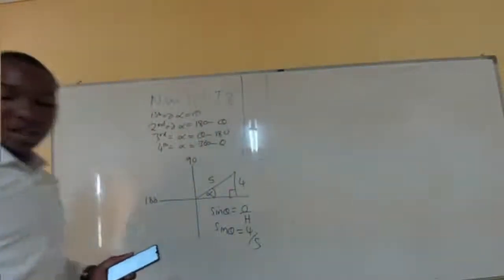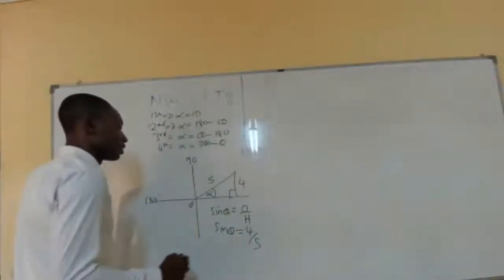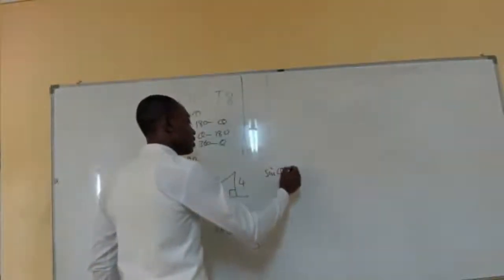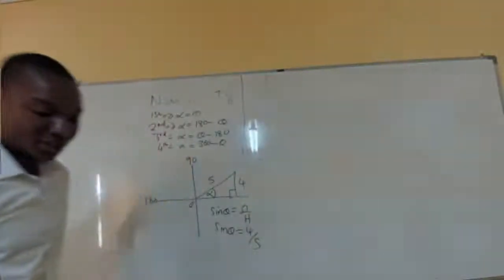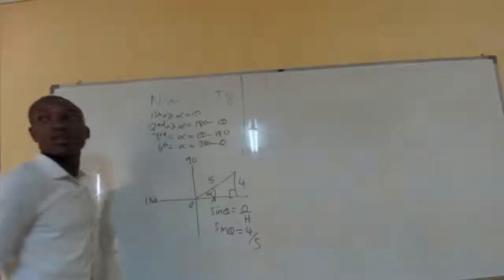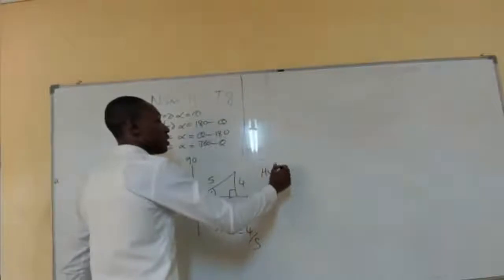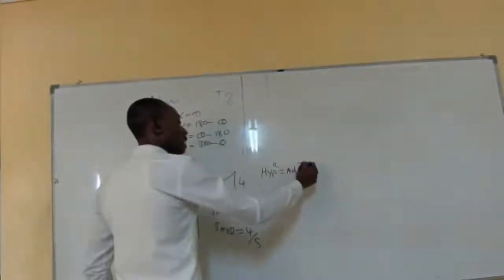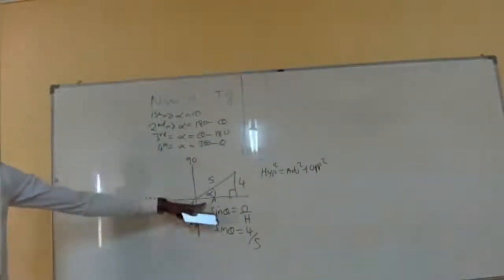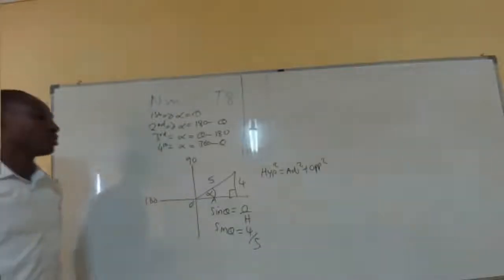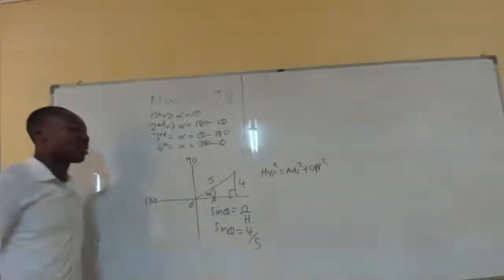What's the missing side? The missing side is the adjacent. We know that hypotenuse squared is adjacent squared plus opposite squared. To find the missing side, we're going to use the Pythagorean theorem.